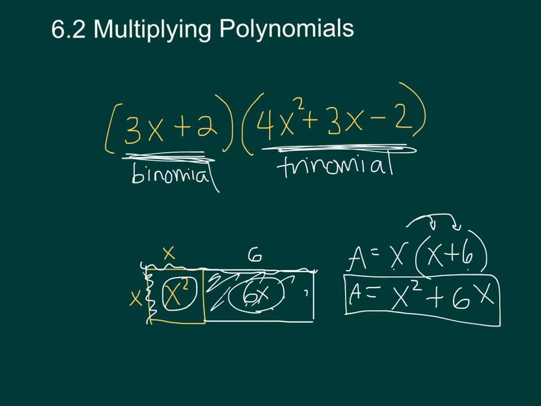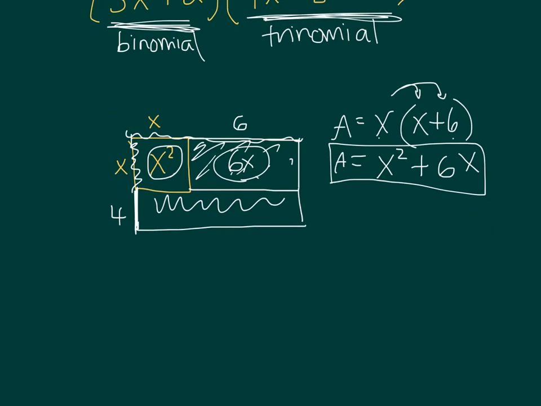But now what if I also, to this square, wanted to add, let's say, 4? Now my new shape will include this figure. Okay, so let's first represent in an equation what that looks like.